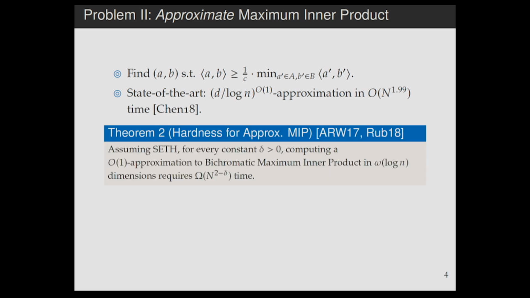The hardness that was shown in the original paper that proposed the distributed PCP framework, the original paper by Abboud and Williams, shows that basically you cannot beat this by too much. So if your dimension is slightly larger than log N, it's already hard to approximate to any constant factor.